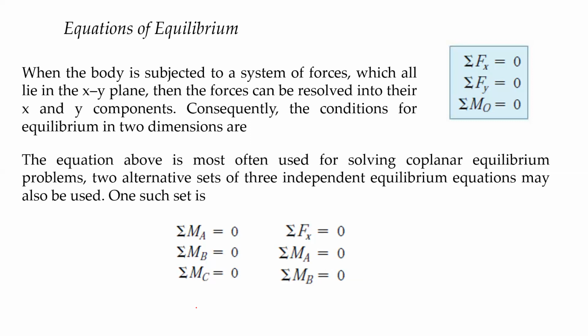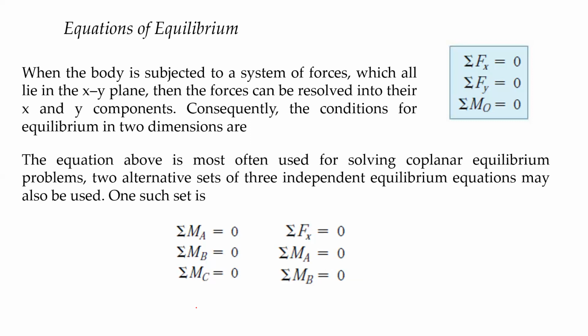A summation of forces can also be represented as a summation of forces x is equal to 0, and moment about a certain point A is equal to 0, or B is equal to 0. What this means is that for two-dimensional problems, in order for us to completely solve our problem, we must either use a force summation, x or y, and then take the moment.